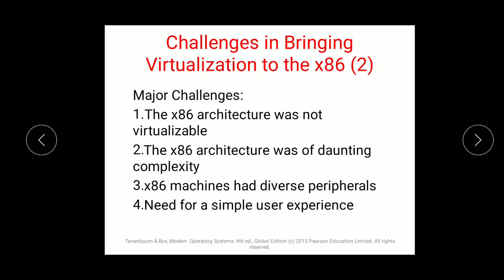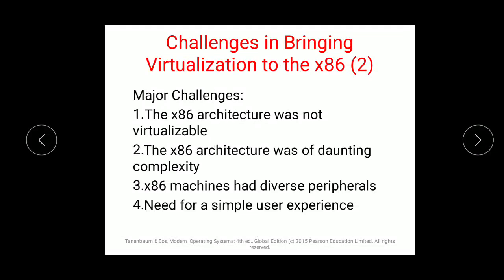The next, third one, was that x86 machines had diverse peripherals. They had connecting peripherals, and for that reason it was a major task for people to complete. Need for simple user experience.